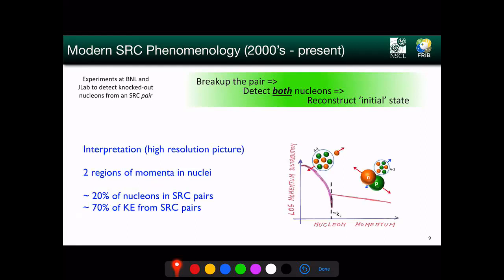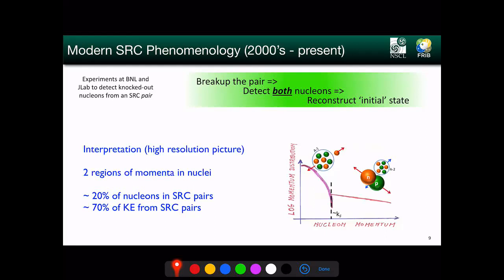And the 20,000 foot executive summary of these 20 years of measurements is that in their interpretation of these measurements, which again are all done in this high resolution view, the main takeaway points are really these two things. Namely, that there are two distinct regions of nucleon momenta in the nucleus.